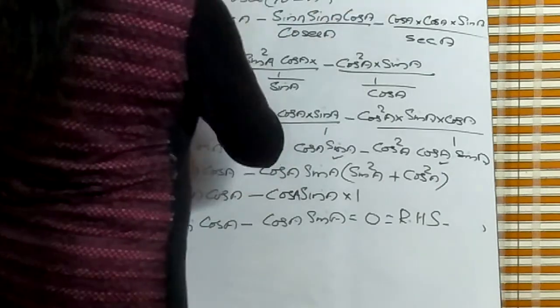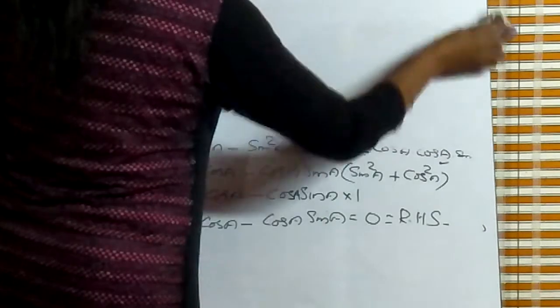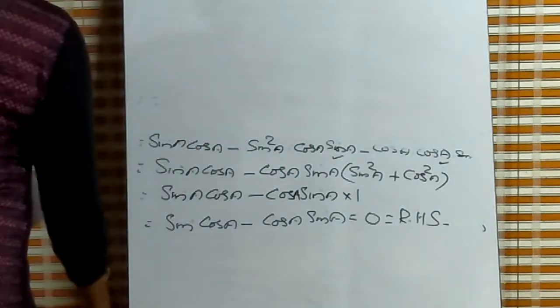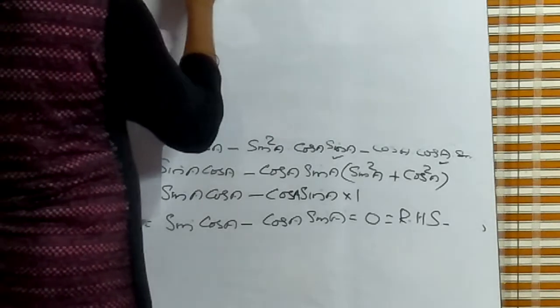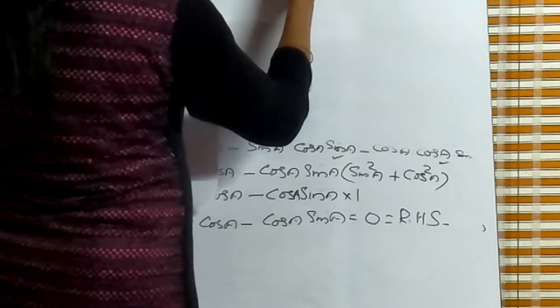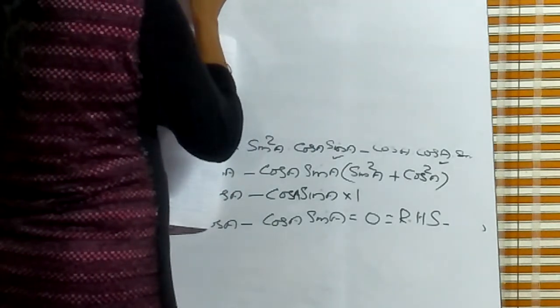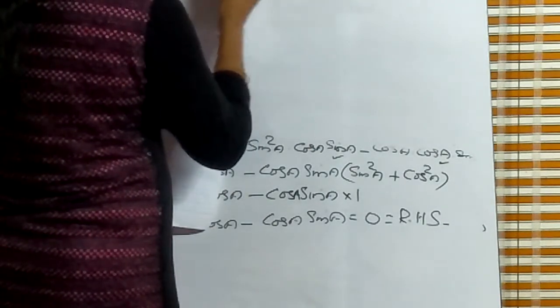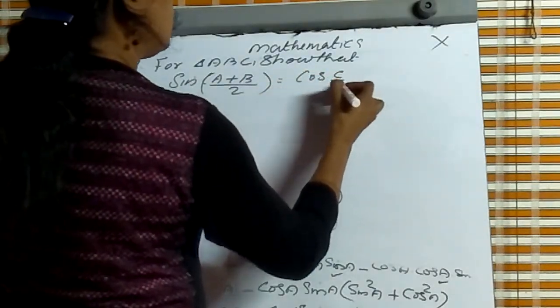Seventh question. For triangle ABC, show that sin of A plus B by 2 is equal to cos C by 2.